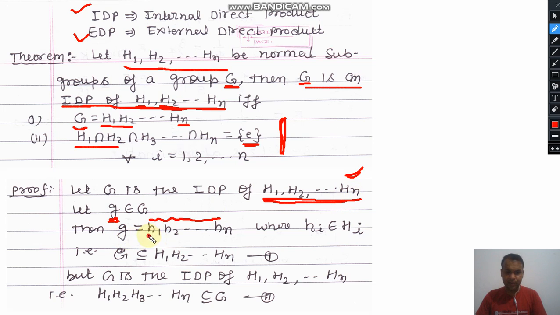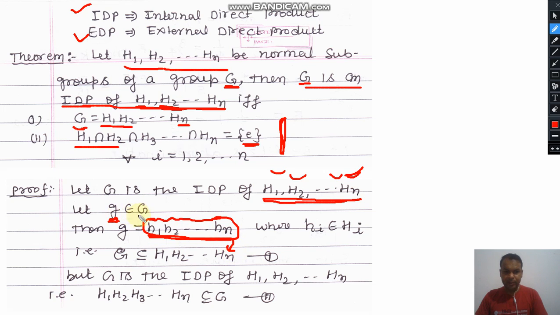Such a combination can be available only in the product of H1, H2, H3 up to Hn, because if you multiply these n subgroups, the first element of the first group, the second element of the second group and the third element of the third group will be multiplied with each other. So this will be an element of this product.